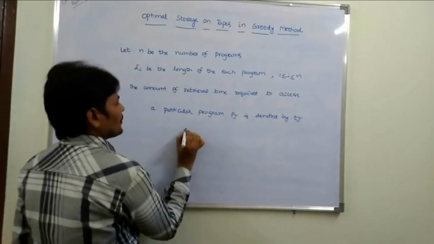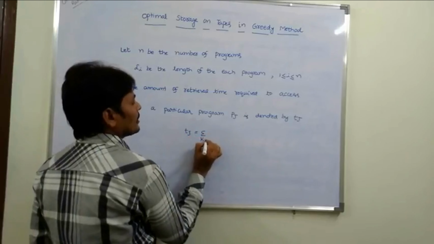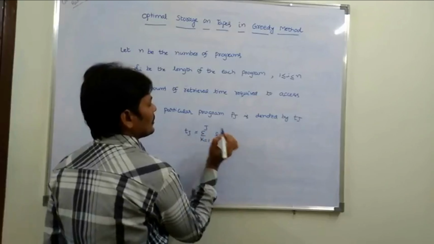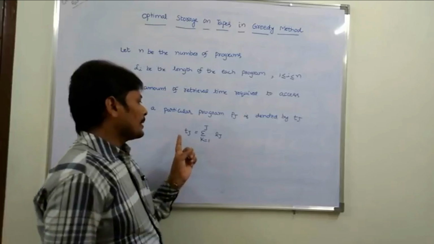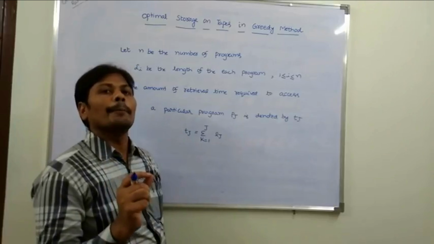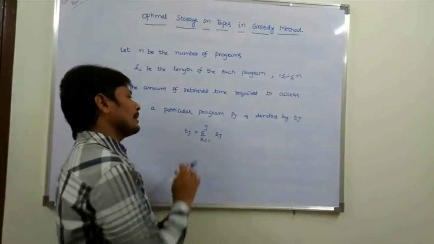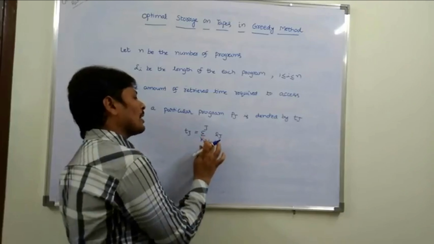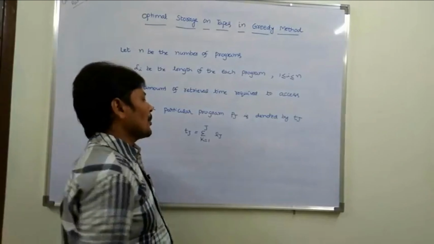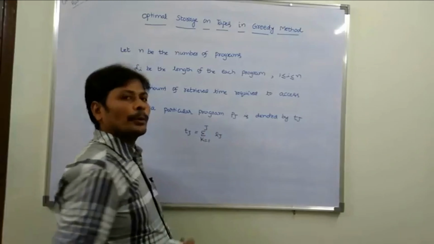Tj. So Tj is equal to sigma k equals 1 to j of Lk, where Tj is the time required to retrieve a program Pj. Here k varies from the first program to the jth program.